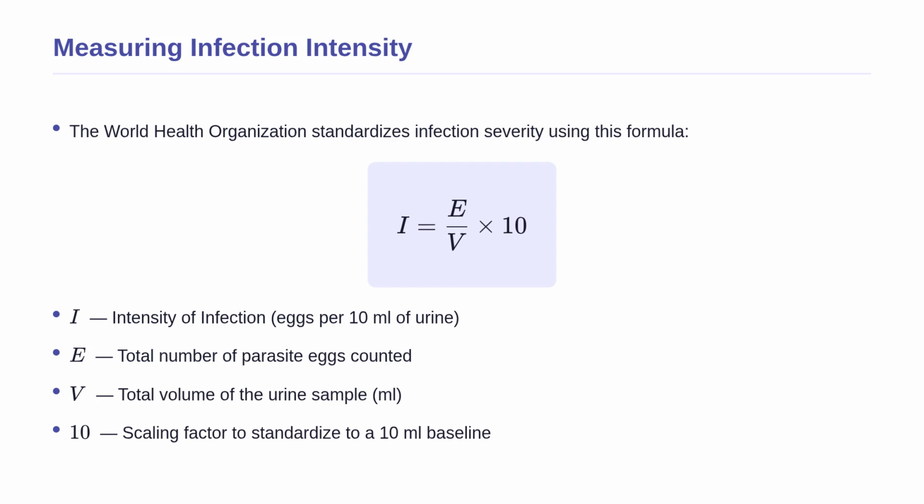E is the total number of eggs counted under the microscope, and V is the volume of the urine sample provided. We multiply by 10 to scale the result to a 10 milliliter baseline, which is the international standard. If the egg count E increases while the volume V stays the same, the intensity increases, indicating a much heavier and more dangerous parasite burden.